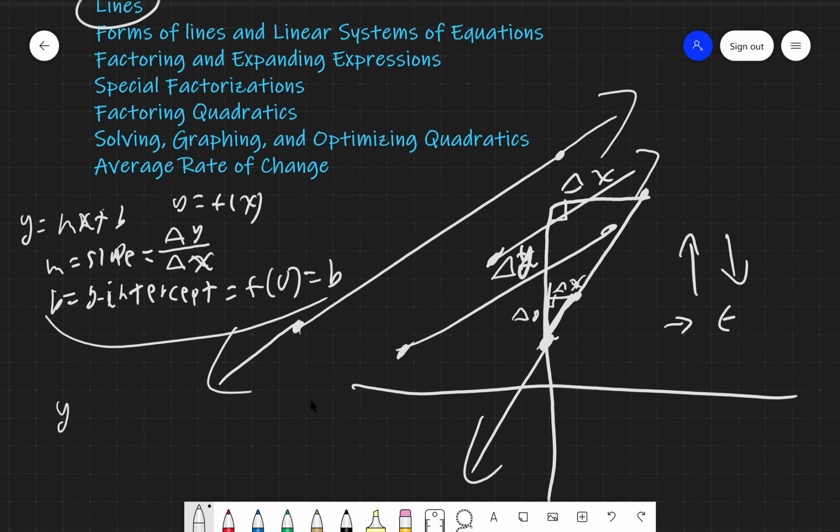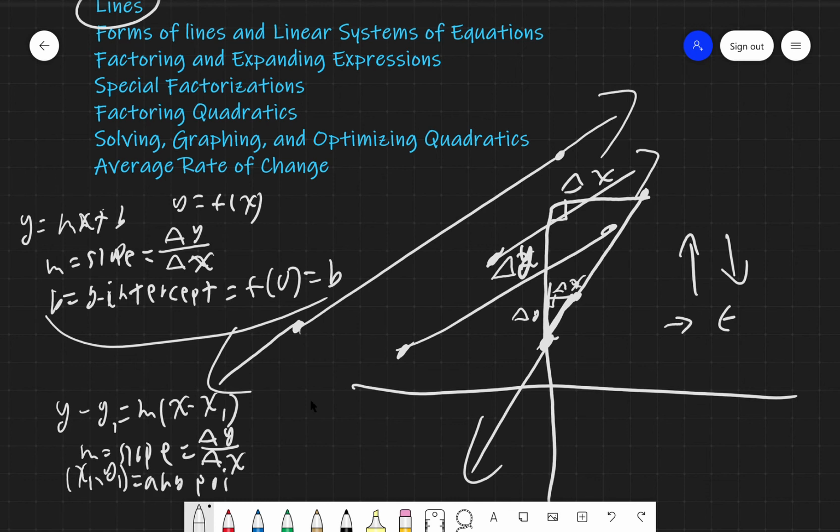Next up, we're going to be talking about point slope form. That would be in the form y minus y1 equals m times x minus x1. That means that m is still the slope, which is equal to the change in y over the change in x. And then we also have that x1 comma y1 is any point on the graph.